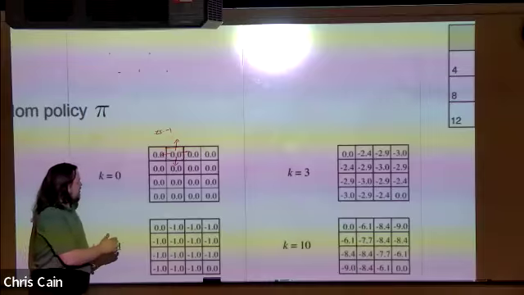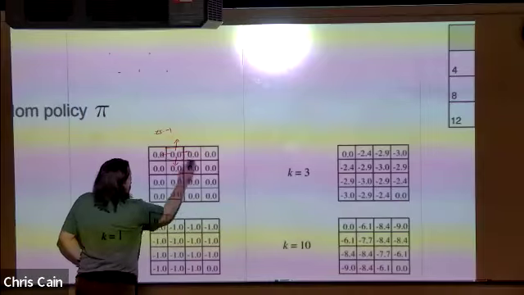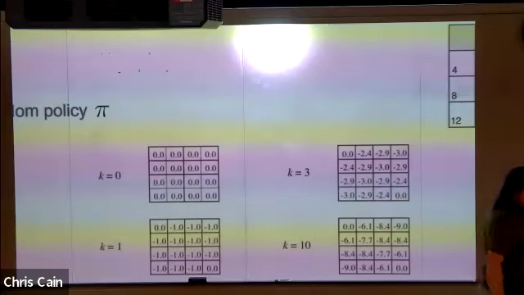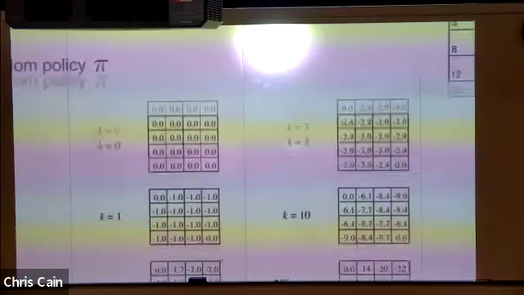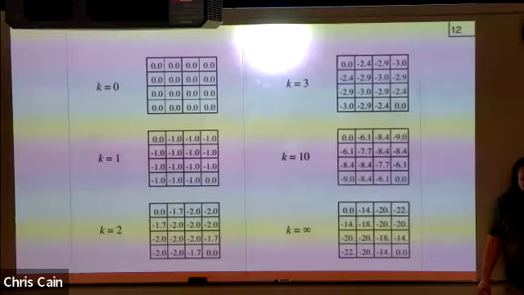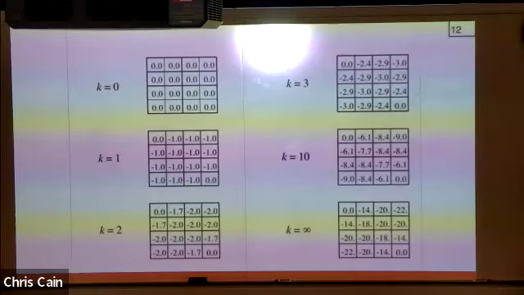So this is why when we look at the value of each of these other squares at time 1, they're all -1, with the exception of the 2 goals. If we started in a goal, you don't leave the goal, you're already done. So the value of the goal is 0. But the value of everywhere else is -1.